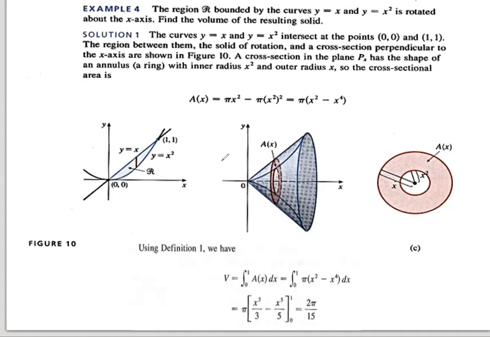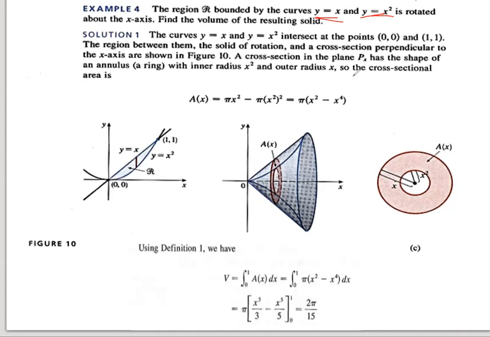Now the volume that will be generated is given by the difference. You find the difference of the two curves, and the two curves are what? The line y equals x, and y equals x squared.